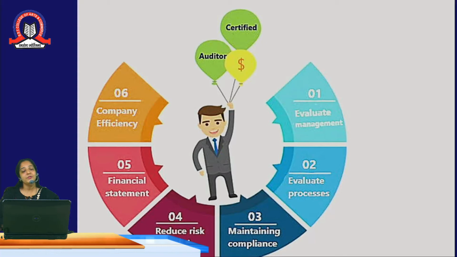Then he will also evaluate the processes, like if a company is a manufacturing concern, then what procedure is adopted by the company to make the product, from raw material till finished goods. What is the process opted by the company, and whether the proper system is followed or not.